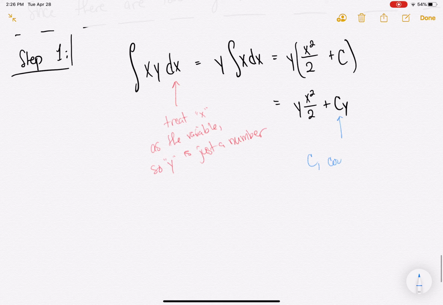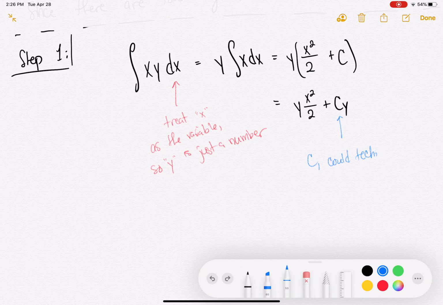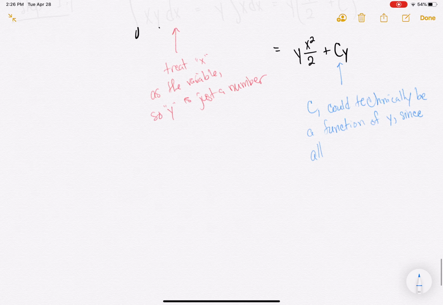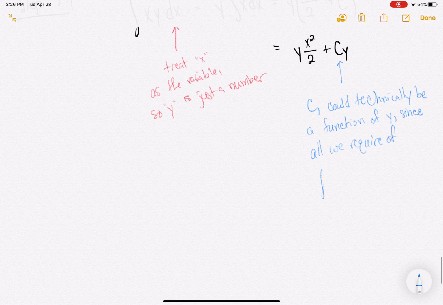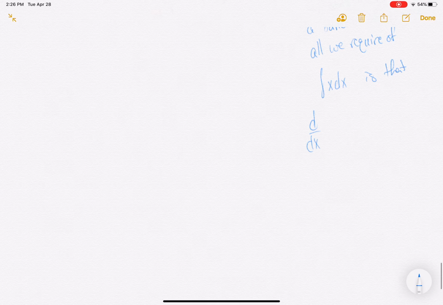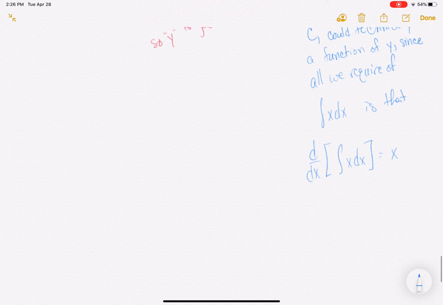C could technically be a generic function of y, since all we require of this integral x dx is that the derivative with respect to x of the integral of x dx equals x. It's that the derivative and the integral cancel out.